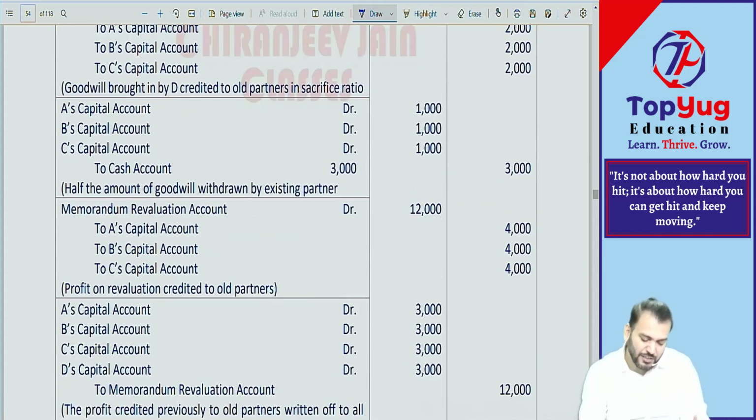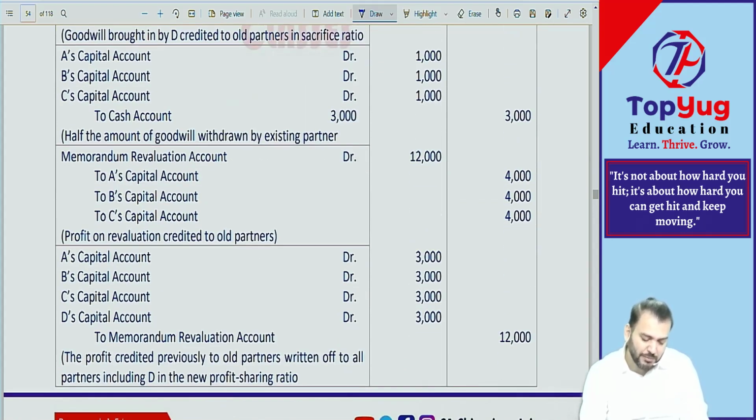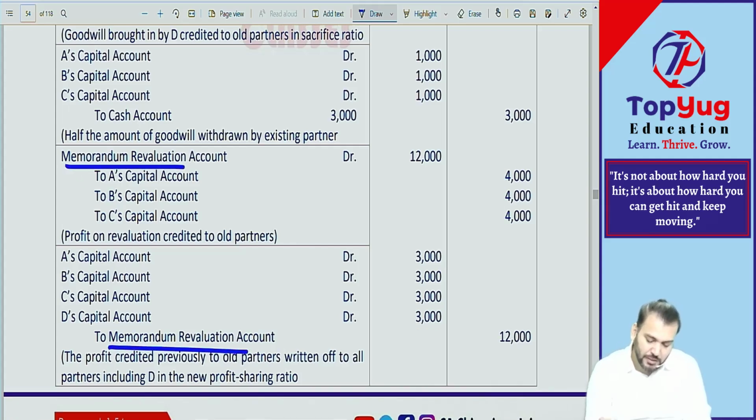I think they have done one single journal entry only. Check what they have done. Or they have done two journal entries: first, revaluation profit credited to old partners in the old PSR, and then revaluation loss debited to new partners in the new PSR. See, they have done that journal entry. What is the doubt in this?